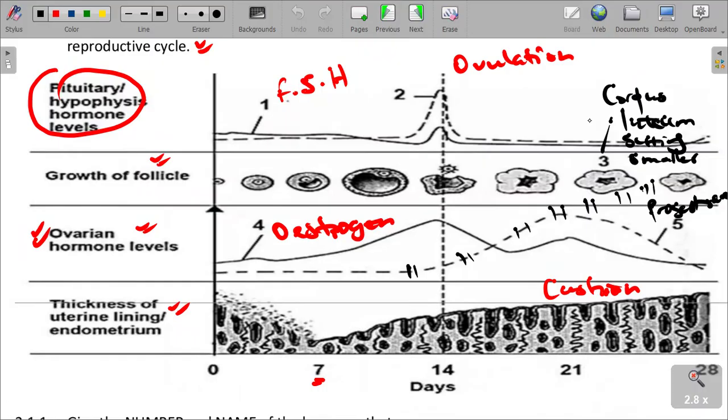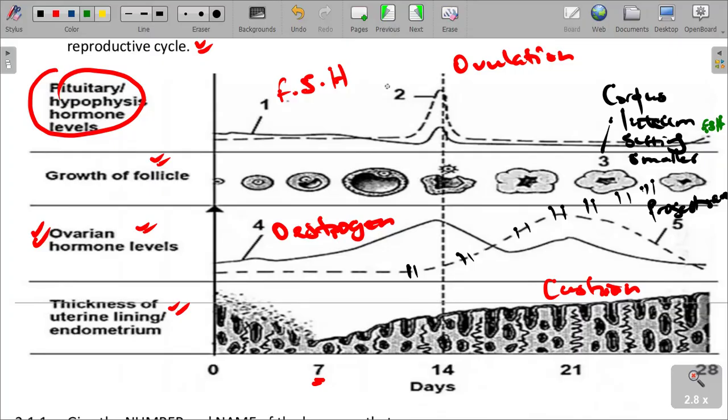So from day 28 we see an increase in FSH. This graph shows that follicle stimulating hormone is starting to grow again on top of the graph.